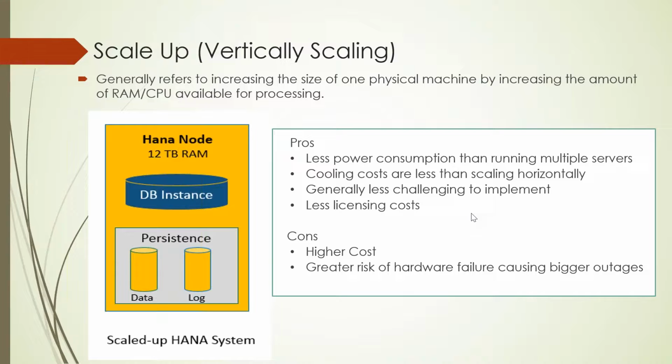There is a great risk of hardware failures, meaning if your node fails, then you will see downtime. You don't have options in a single node HANA database. If a power failure happens, then you will face downtime.